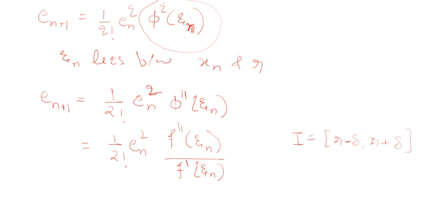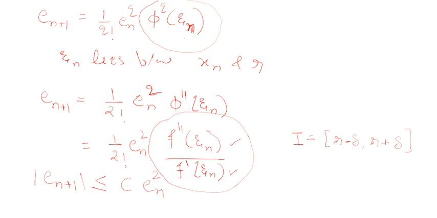You take the numerator maximum and the denominator minimum over this interval I. Then mod of e_{n+1} is less than or equal to this maximum quantity, along with 1 by 2 factorial, which we call c, times e_n squared. We are talking about the maximum of the magnitude of these values.